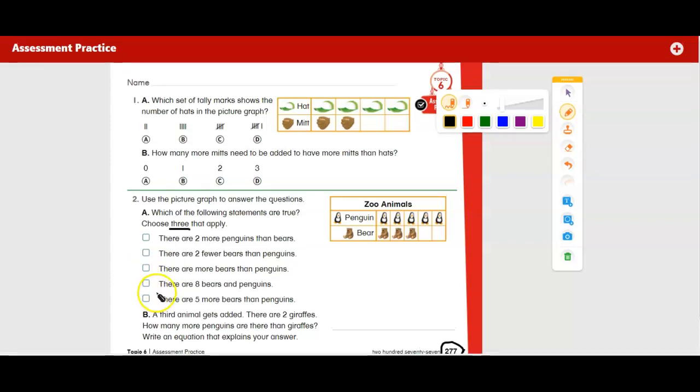Next, it says, there are 8 bears and penguins. Look at the picture chart. Are there 8 bears and penguins total? If this statement is true, you will fill in the box. If it's not true, then you will leave it blank.